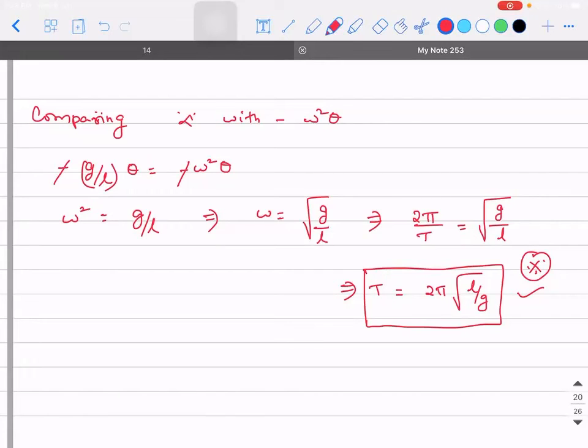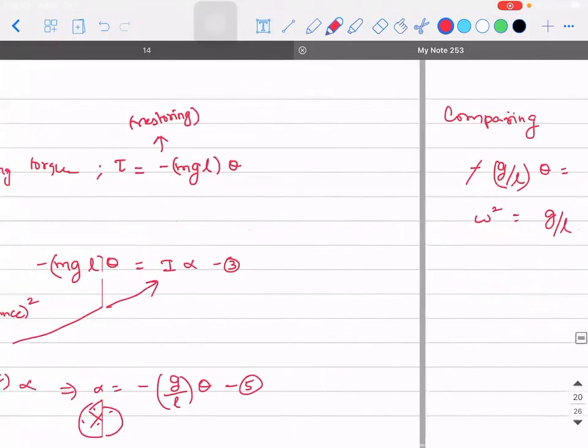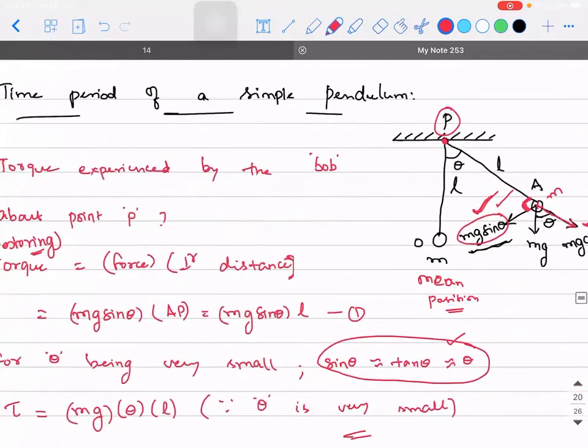Let me know once you're done. So could you go to the starting of the derivation once, where the torque came in? Yes, sir.